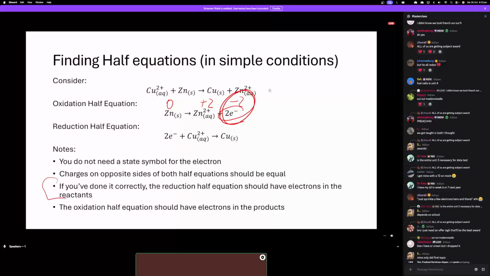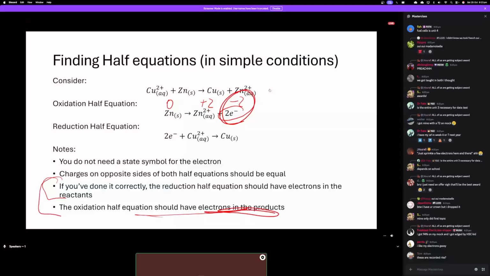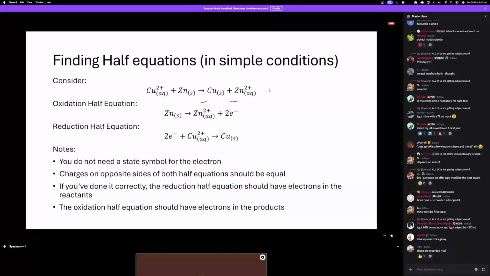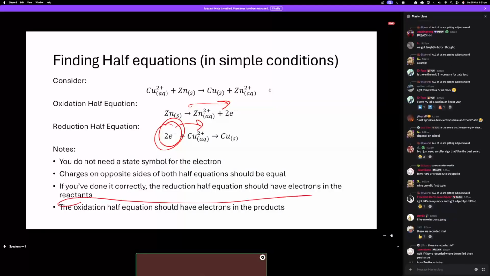If I've done it correctly, the reduction half equation should have electrons in the reactants, and the oxidation half equation should have electrons in the products. So this is my oxidation half equation. The electrons are on this side because it is losing electrons, right? This is my reduction half equation. It is gaining electrons, so it is on the reactant side.